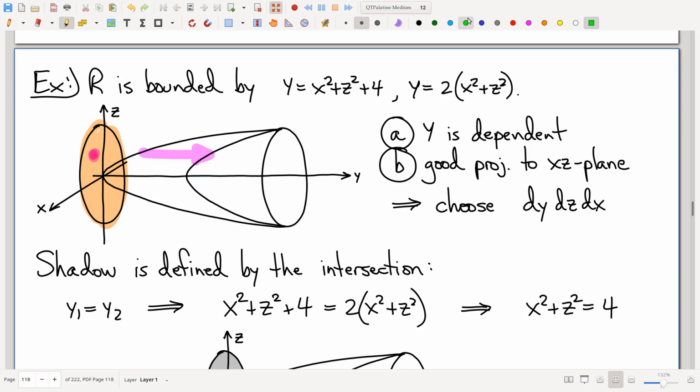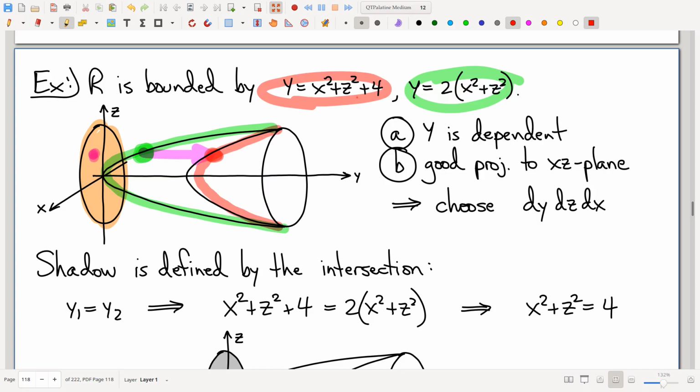It's going to start at some point there that will always be on that surface every time. And then it's going to end at a point, let's say something like that, which again will always be on that surface every time. So what would have been artistically super hard to deal with, now it's actually not that bad at all.